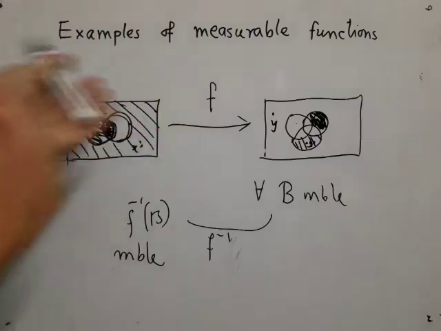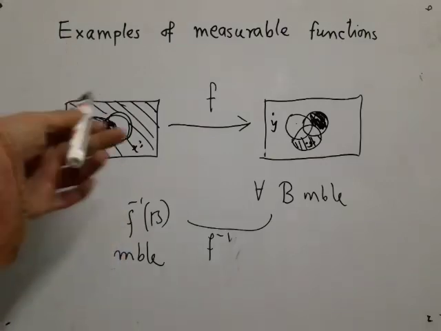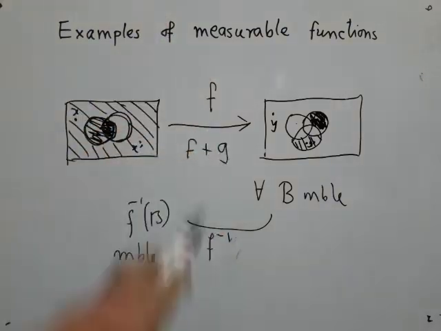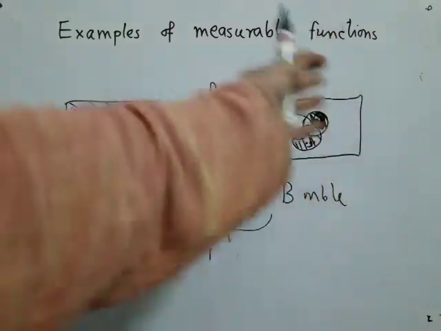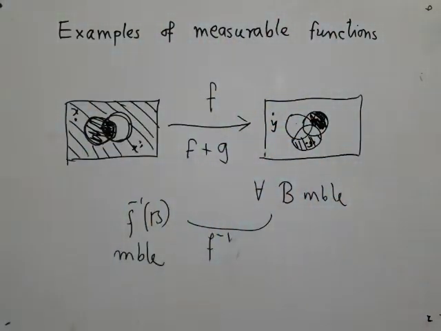Similarly, if I take two measurable functions, is it true that their sum will be measurable? Of course, in order to define something like f plus g, there must be some kind of addition structure here, something like R, so that addition makes sense. Well, the result in general is not true.